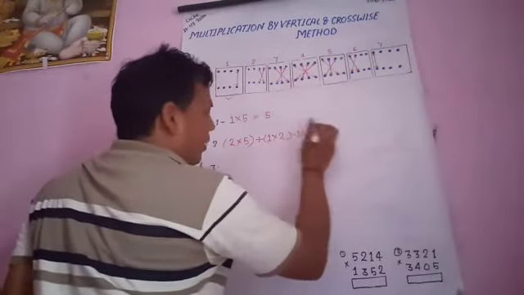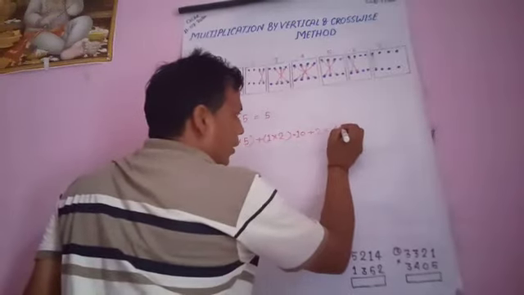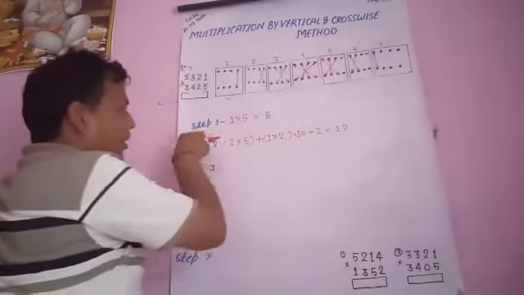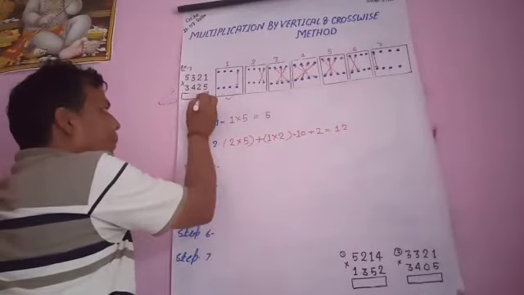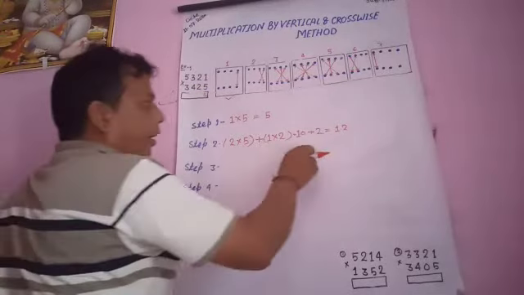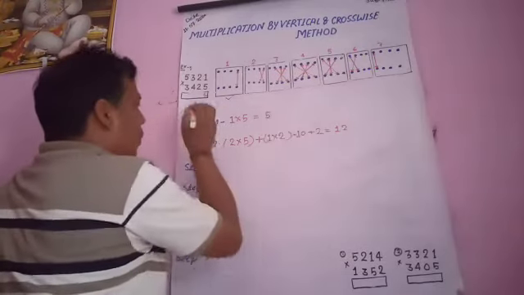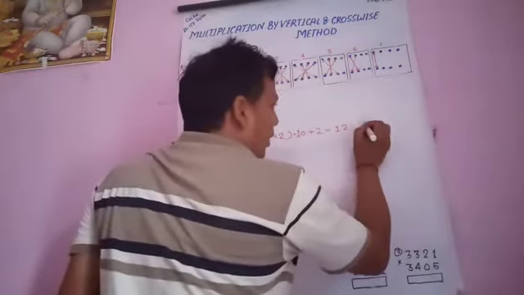This is 10 plus 2 equals 12. So step 1 is 1 into 5, so we write this 5. Step 2 is complete, the answer is 12. So take 2 and 1 is carry. 1 is carry.